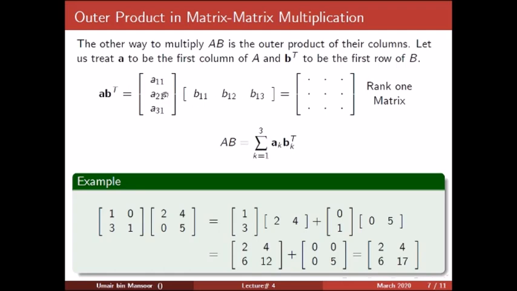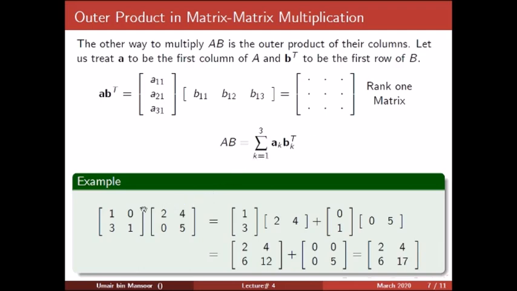So basically this whole matrix is a linear combination of these three terms and this vector. So this is a single independent column, and that's why these outer product matrices are called rank 1 matrices. Let's look at the example.